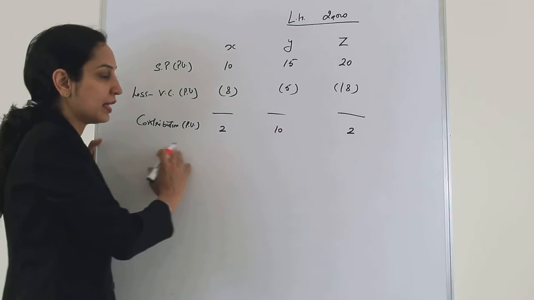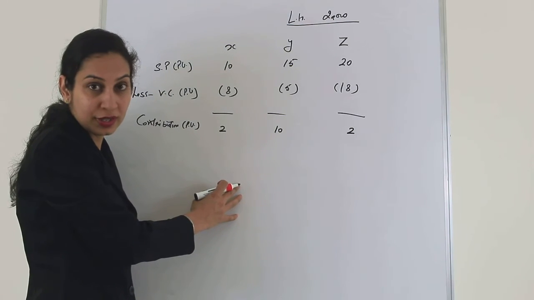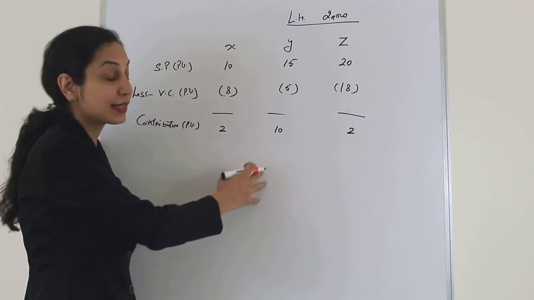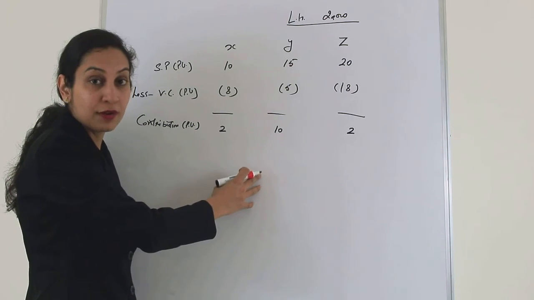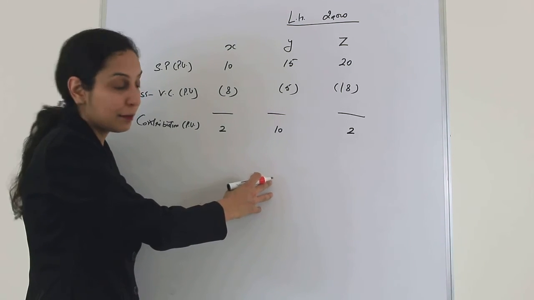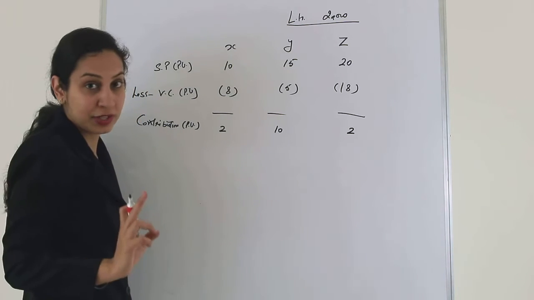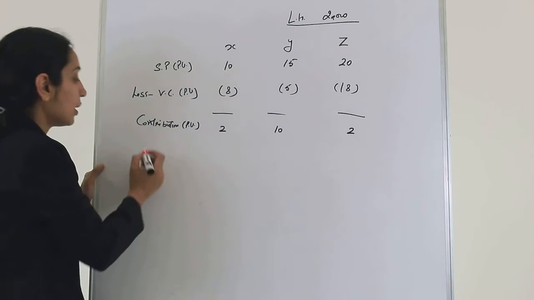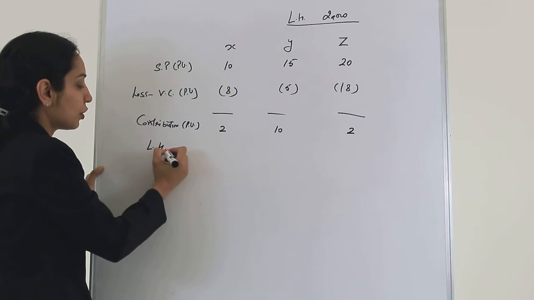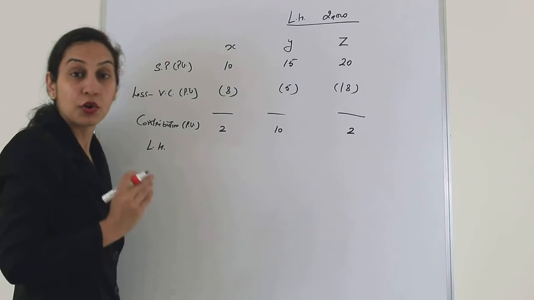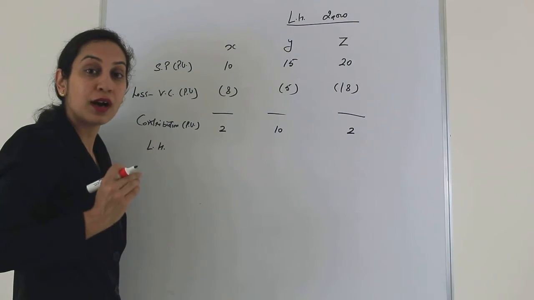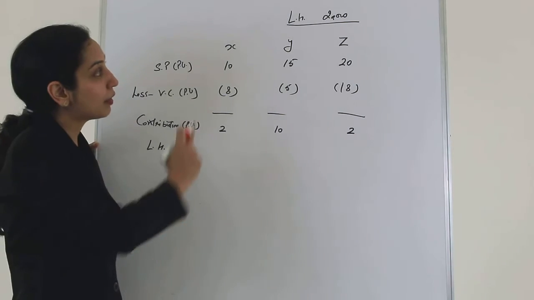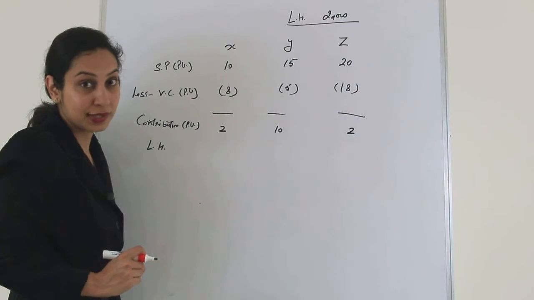How will the business take a decision? Most people will decide on the basis of contribution and say that as Y is giving the highest contribution, we should select Y. But this is not the right basis to take the decision. Let me convert this contribution per unit into contribution per labor hour, the reason being my labor hour is in short supply.